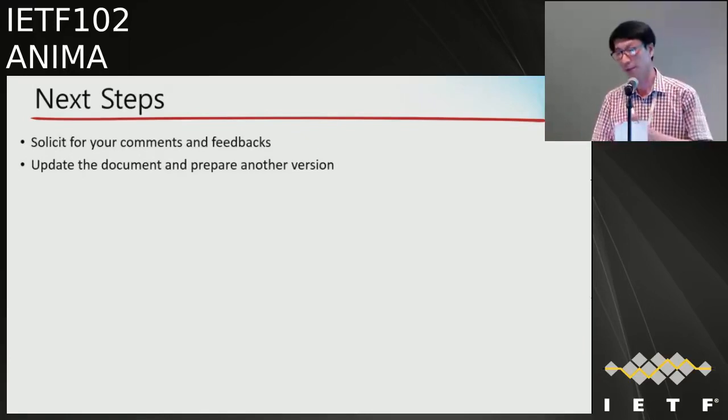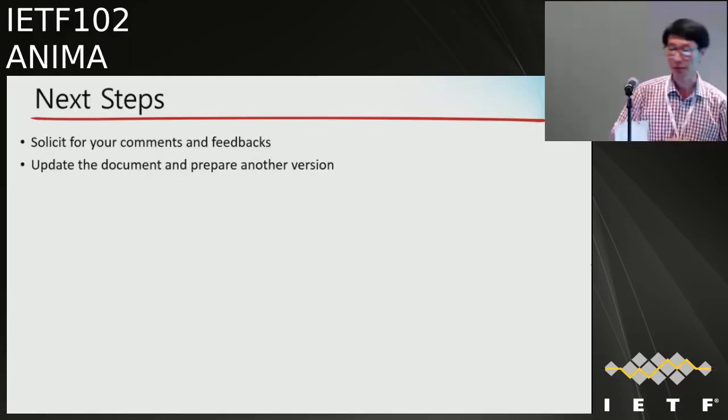As the next step, since this is our initial work, we would like to welcome your comments and feedback, and then try to update the document in another version if the working group is interested in this work.